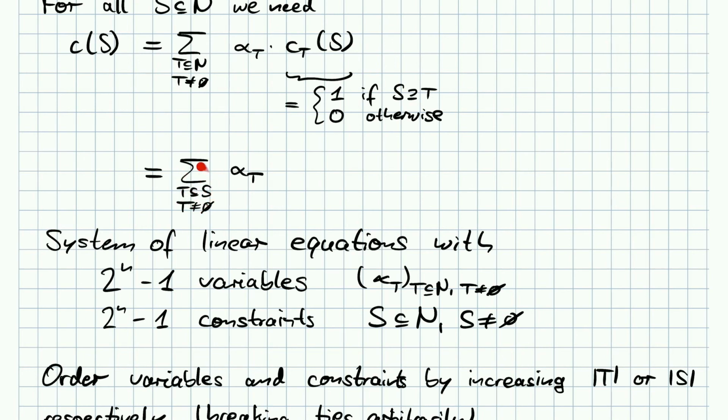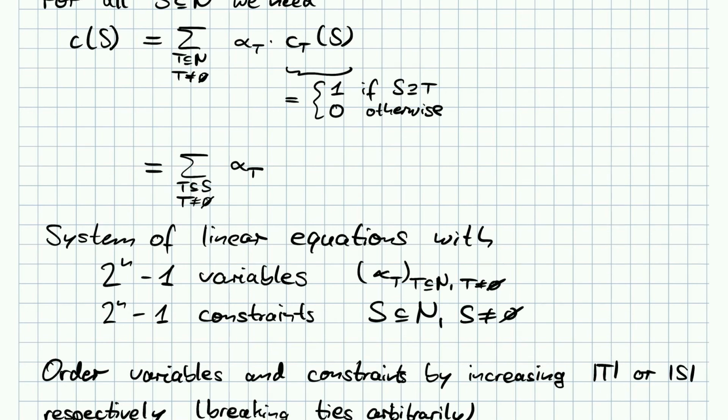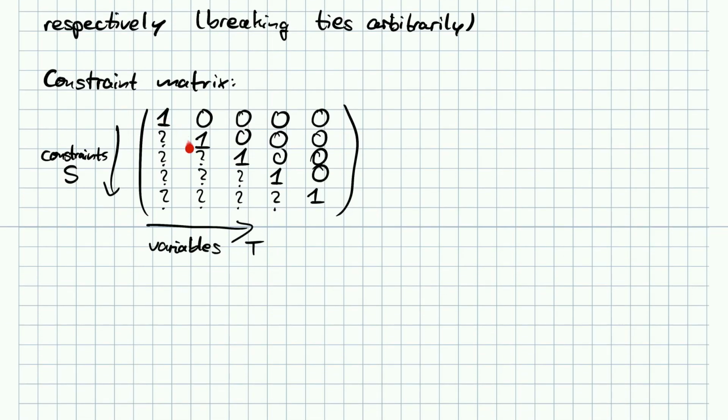This sum is definitely only including sets t, which are either equal to s or which have a strictly smaller cardinality. And this is why the constraint matrix will look like this.